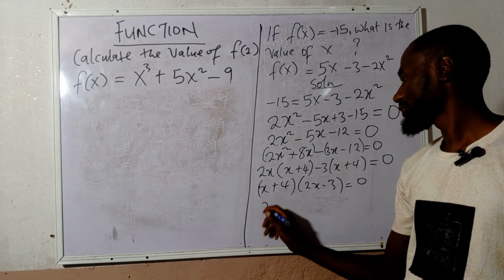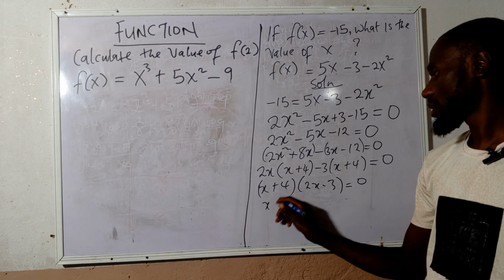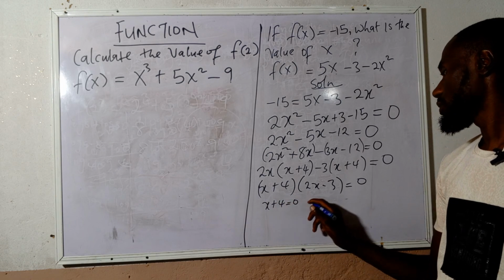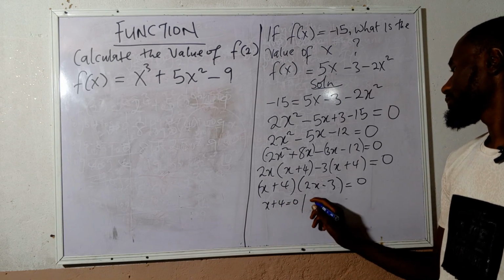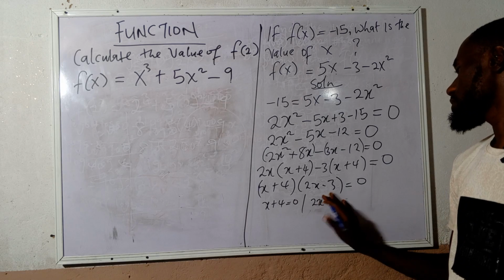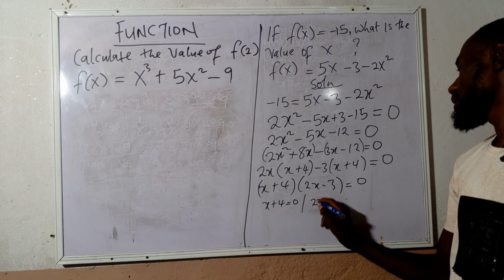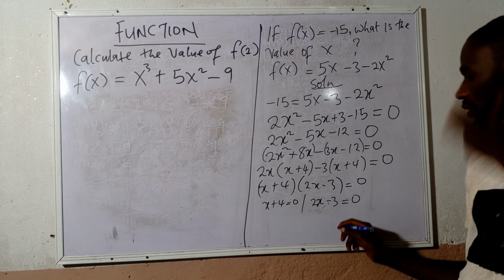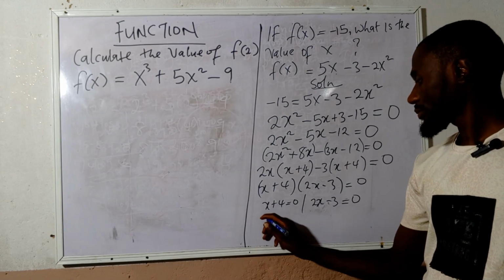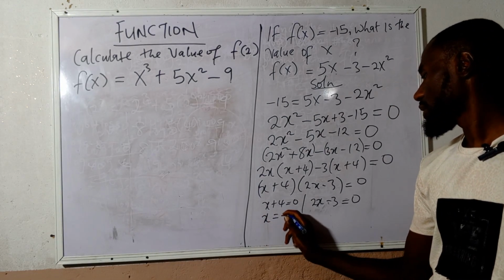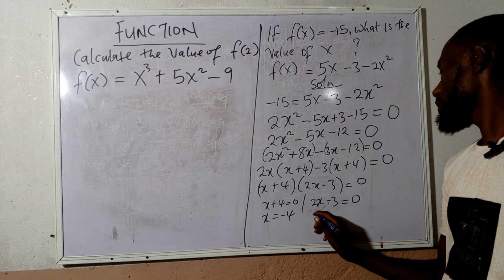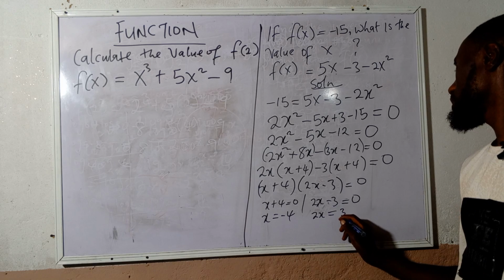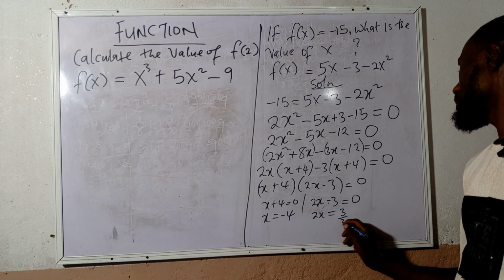It is either x plus 4 is equal to 0 or 2x minus 3 is equal to 0. Therefore, x is equal to minus 4, or 2x equals to 3 over 2.